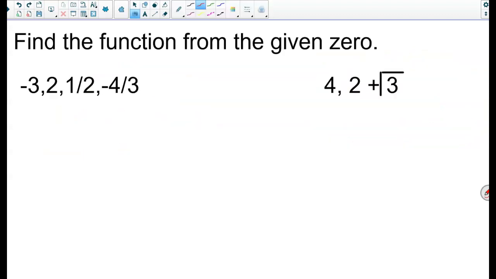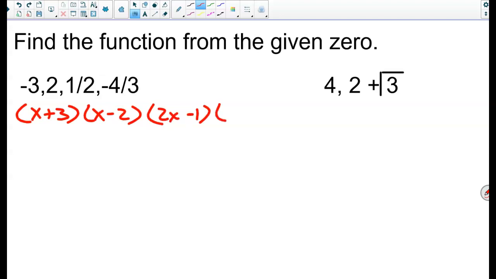So this type of problem here, we're just changing the sign in front of each number. The denominator goes in front of x. The numerator goes in front of, or is the constant by itself. So this right here is the setup.